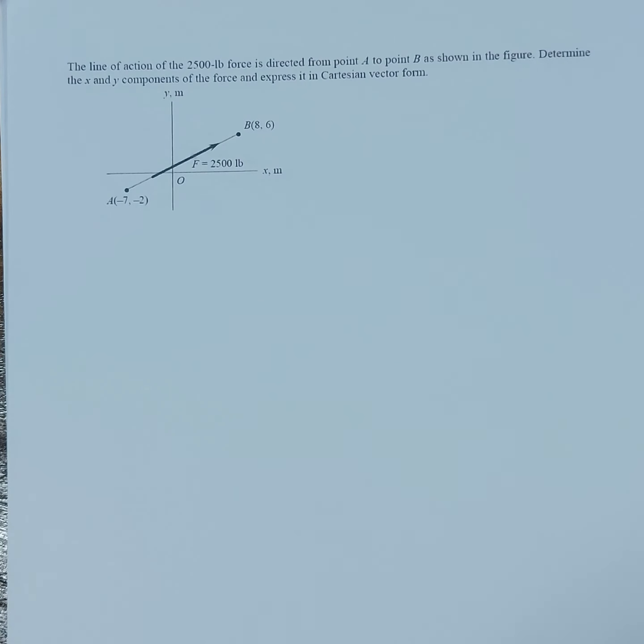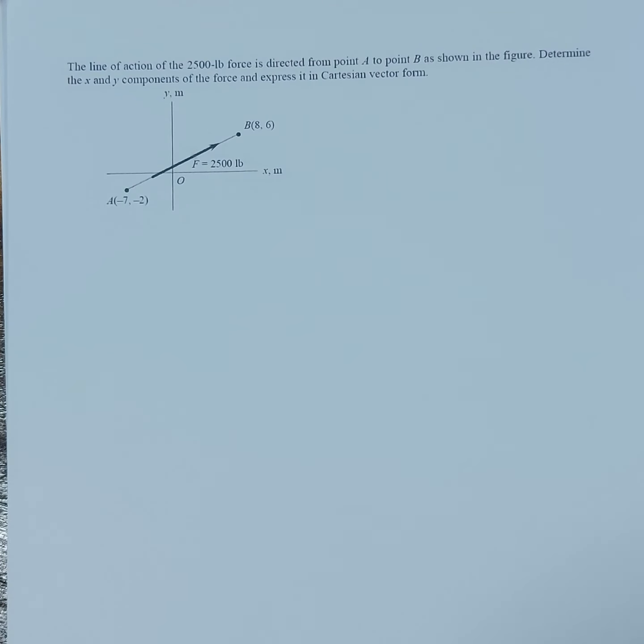Okay, next problem natin. Quite similar to problem 1, the first problem, but this is in 2 dimensions. Ano? Yung first kasi, yung sa may previous video natin, sa 3 dimensions siya.